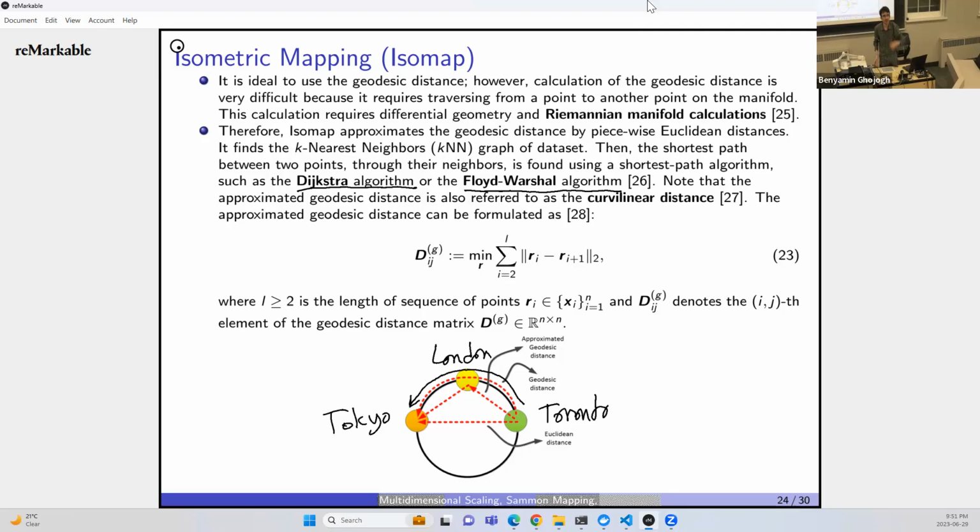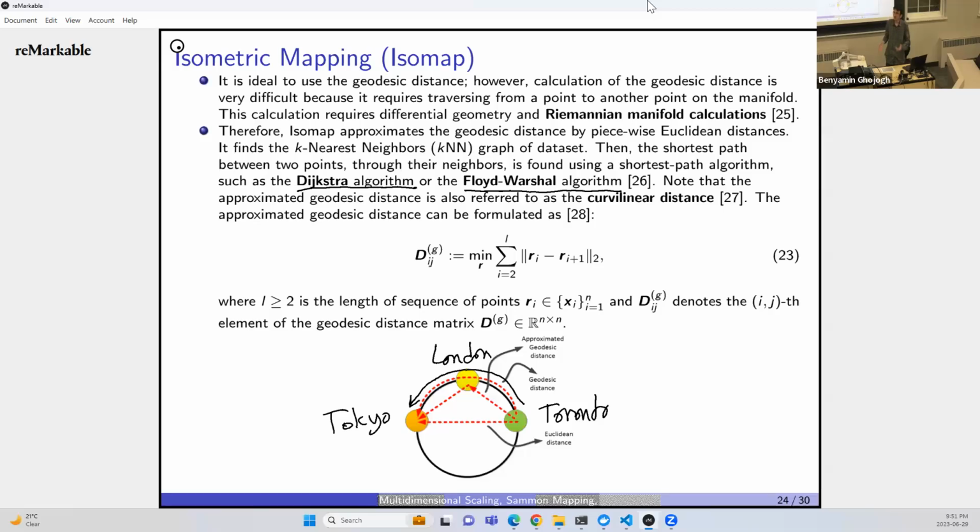Whenever you use Google Map, you say, I want to go from here to there. Google Map calculates some k-nearest neighbor graph between all of the points that you can go from. For example, you can go from here to that point, then from that point to another point. Then it uses Dijkstra algorithm to say which path is the shortest one for you to go. Okay.